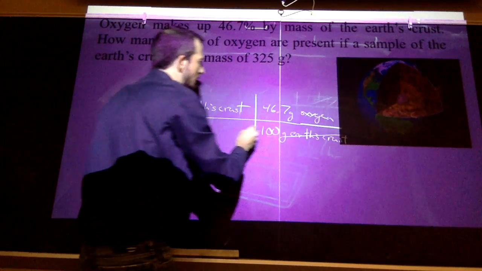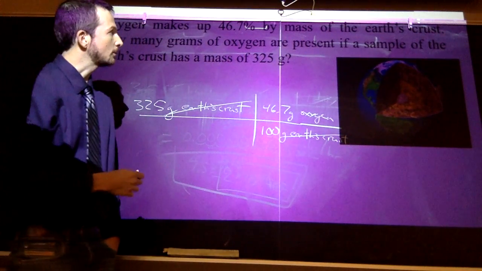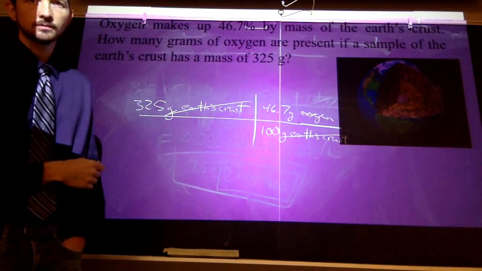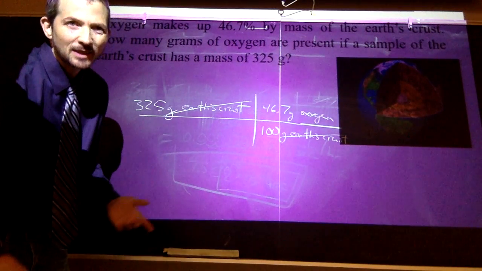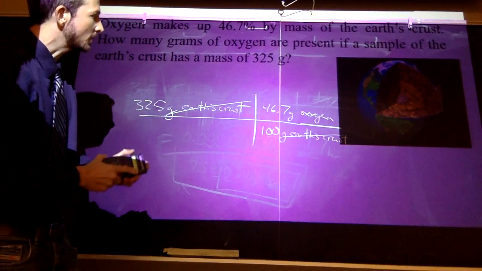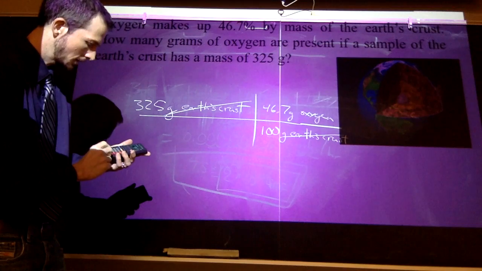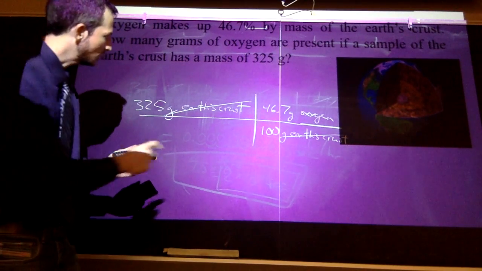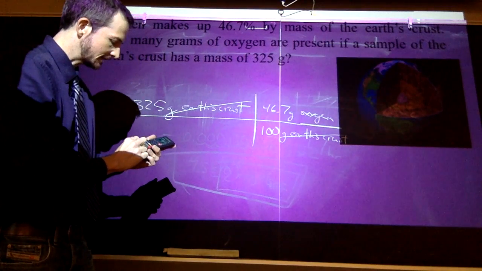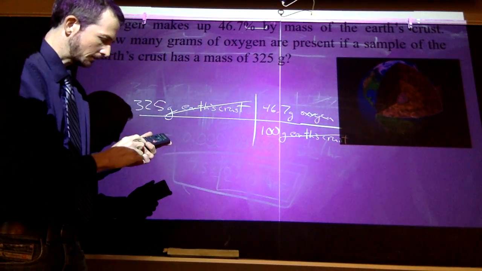So that way, grams of the Earth's crust cancel out, and I'll be left with my grams of oxygen, which is what the question asks about. And it's the same thing as just taking 46.7% of 325 grams, you get the same answer. But this is how you do it using dimensional analysis. So times 46.7 since that's on top, and divide by 100 since that's on bottom.